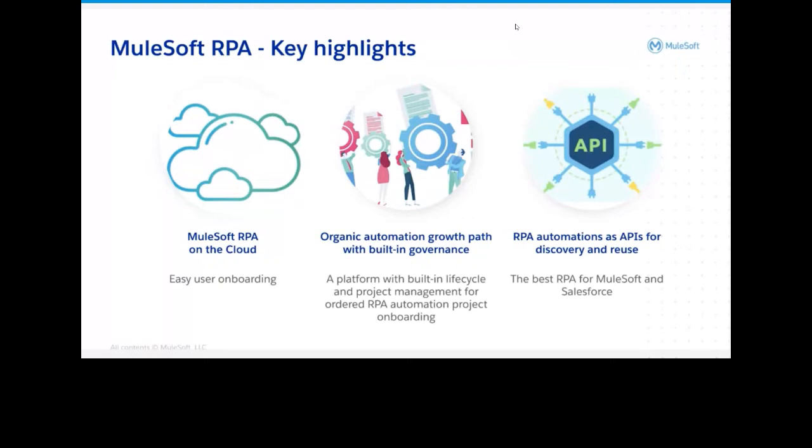So you're unlocking data, you're integrating systems, you're creating an application network. But the end-to-end automation story does not end there, right? There's still a lot of digital transformation which is in our scope for automation.